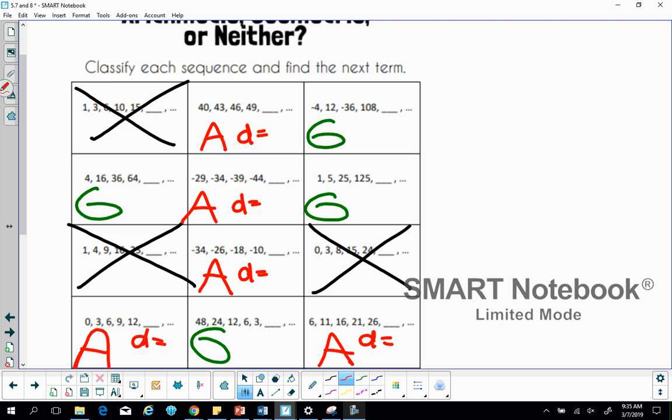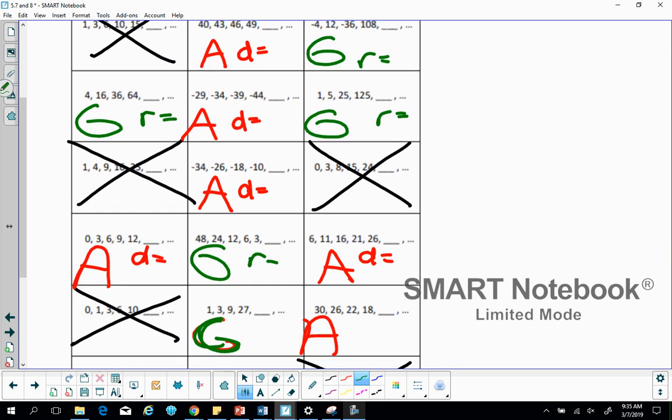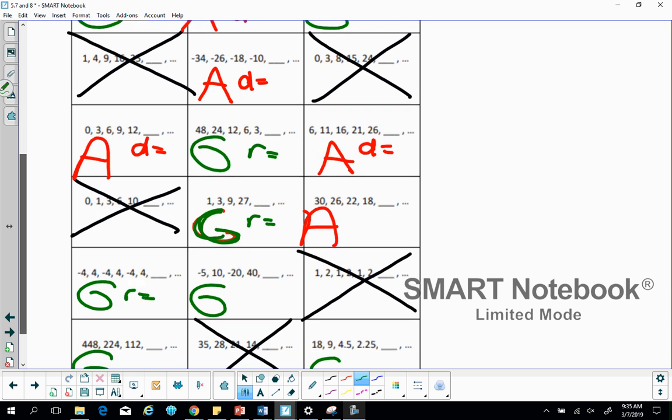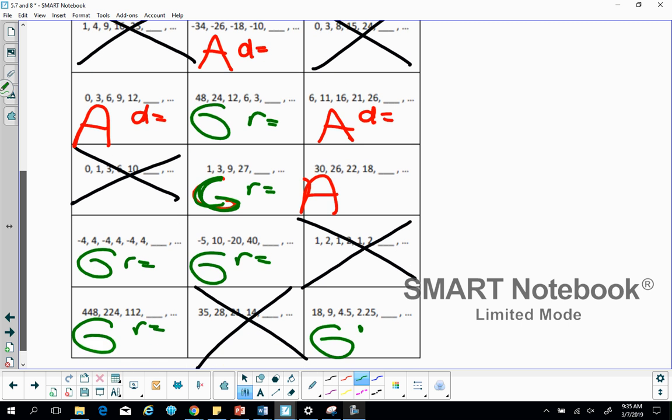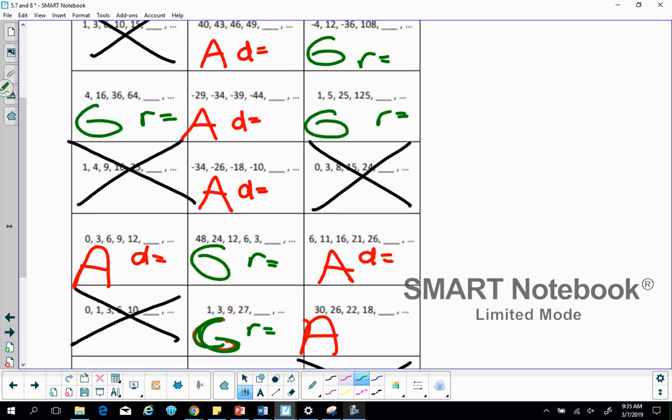For all your G's, you're going to write R equals, finding your common ratio. Basically, it's the same thing as saying slope versus factor.